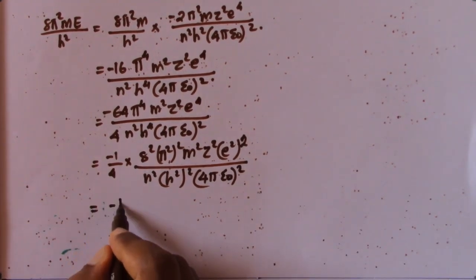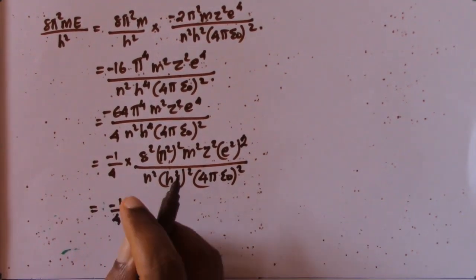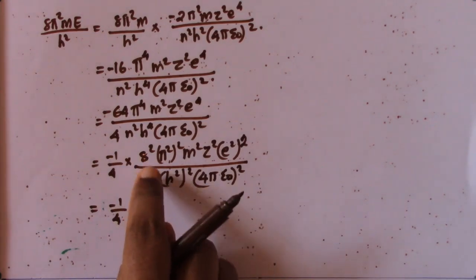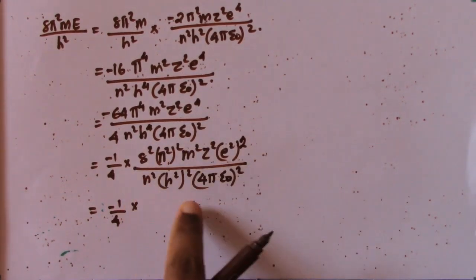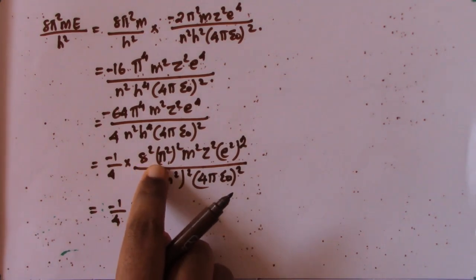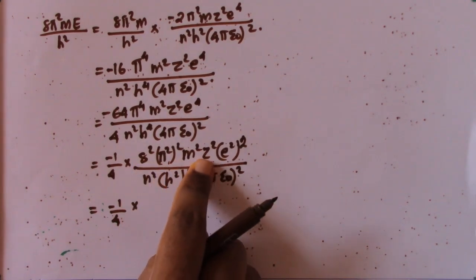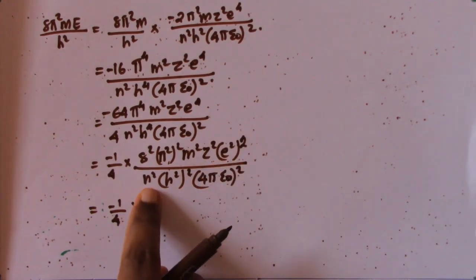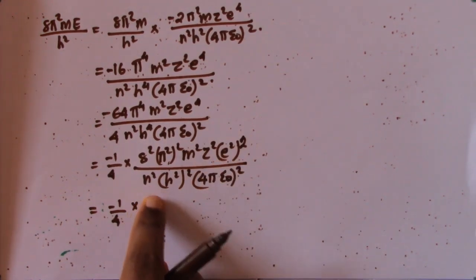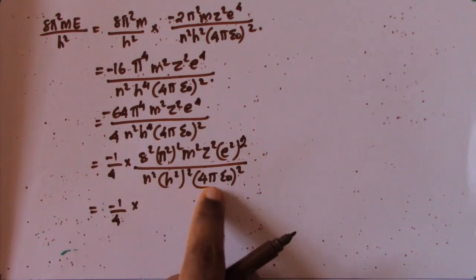So that is equal to minus 1 by 4 into 8 square. Every term is a square, that is the square of 8 pi square m z e square divided by n square h square 4 pi epsilon 0.